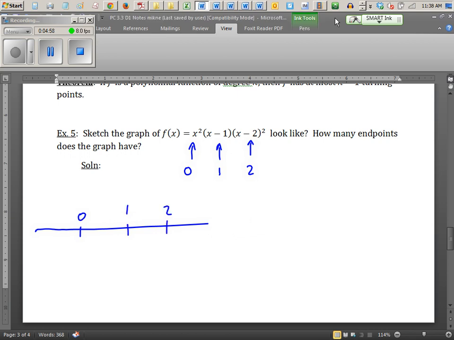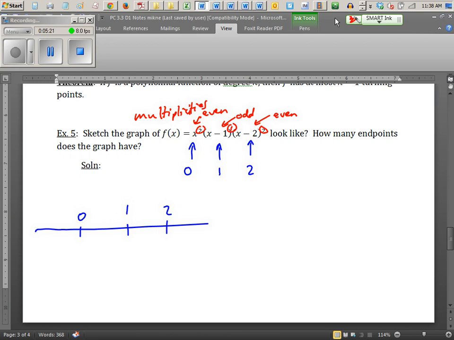And we would expect, since this is an even multiplicity, and this is an odd multiplicity, and this is an even multiplicity, so I'm describing the multiplicities, 2, 1, and 2, we would expect that at 0 it's going to switch signs.